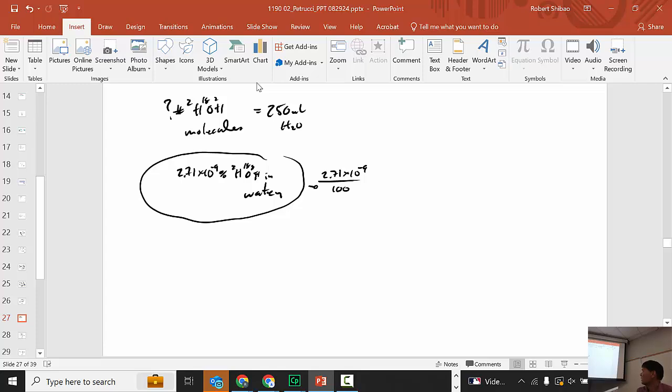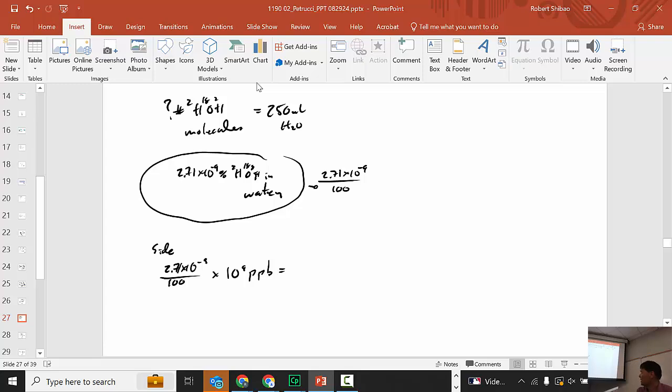Let me just do that as a side. 2.71 times 10 to the minus 9 out of 100. So I can convert a fraction or decimal into whatever I want. And I'm probably going to do parts per billion by multiplying it by a billion, ppb.